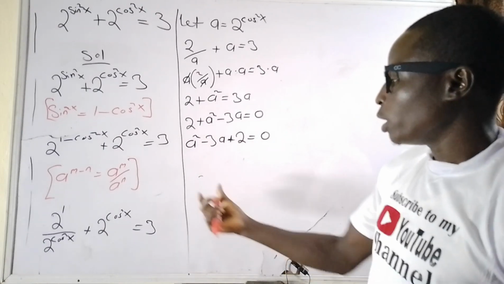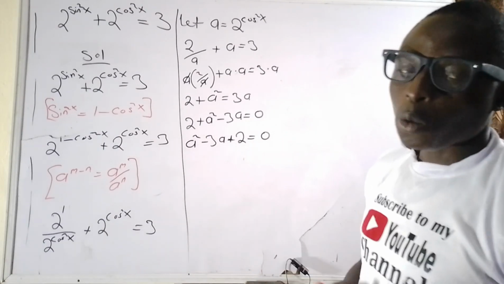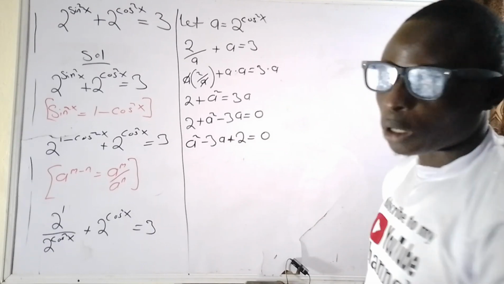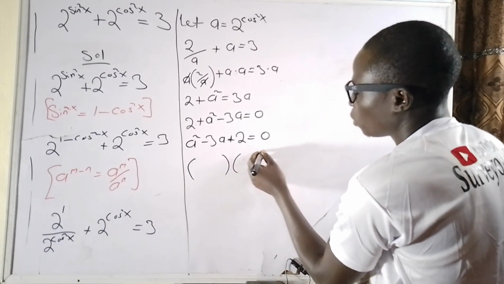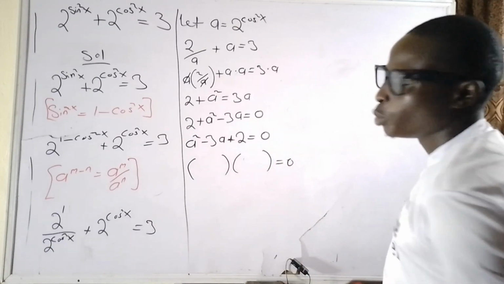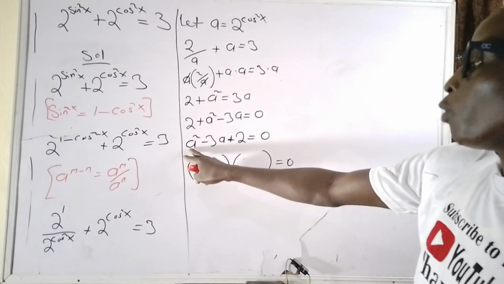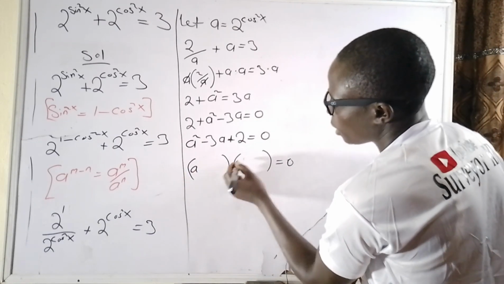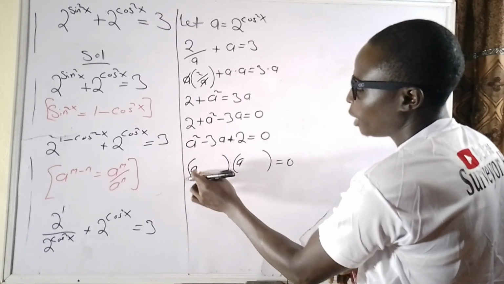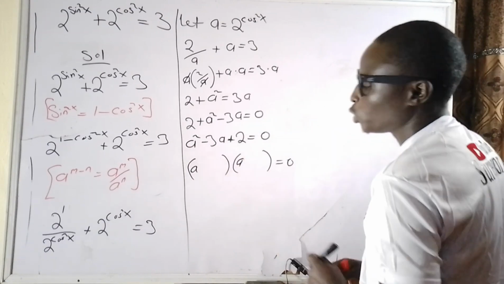This is a quadratic equation. Let's try and see whether we can factorize this particular quadratic equation. We know that since it is a quadratic equation, I must have two brackets equal to 0. The coefficient of a squared here is 1. So I have a here, I have a here, so that a times a is equal to a squared.